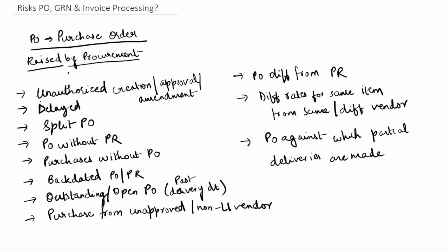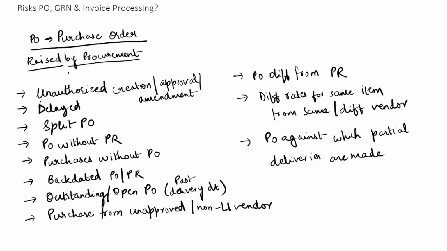You may also have to look out for purchases which are made without a PO or any emergency purchases, or backdated POs and PRs, which means that goods and services are received, invoices are received, say on April 1st, but the PO has been created on May 1st. So you are trying to circumvent the established process or established cycle of PO and PR creation. So you need to look out for backdated POs.